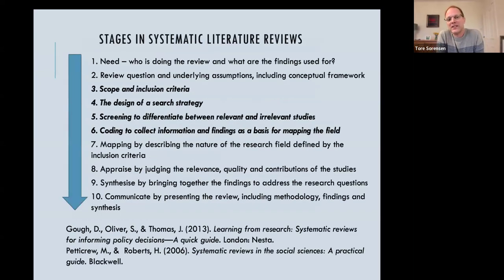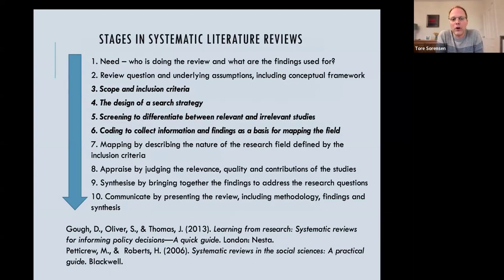I think these stages are useful. There are a bunch of different outlines, different stages being offered in the literature. For our review, we were inspired by this way of putting the stages of systematic literature reviews, but also relevant for scoping literature reviews.